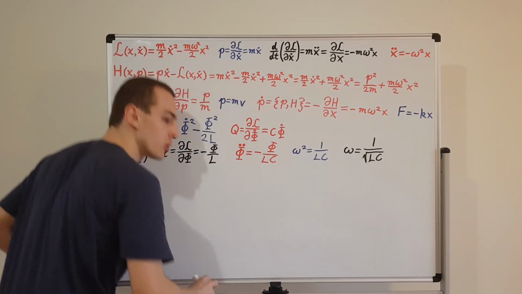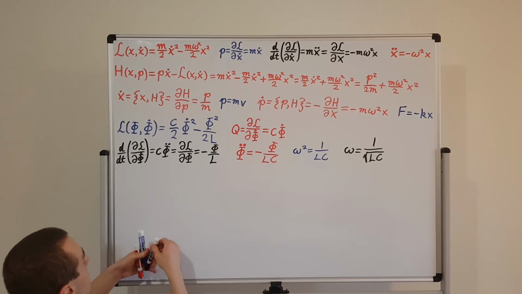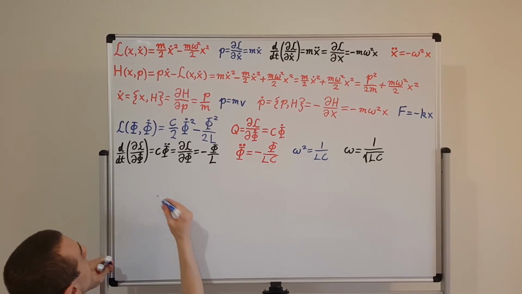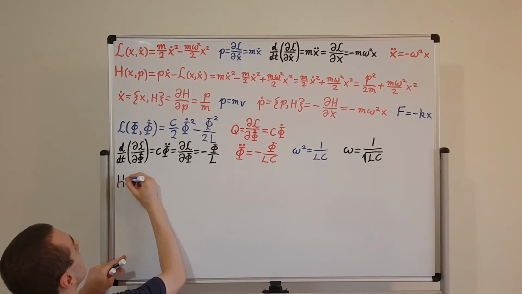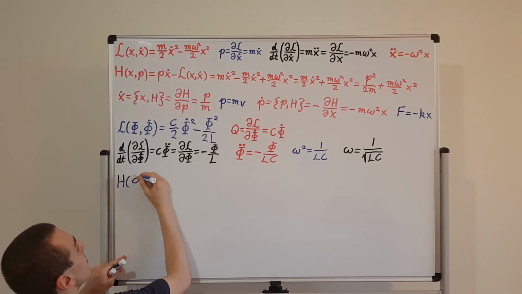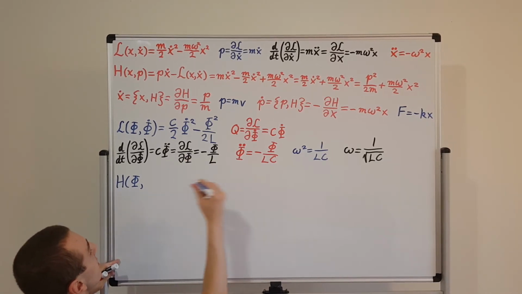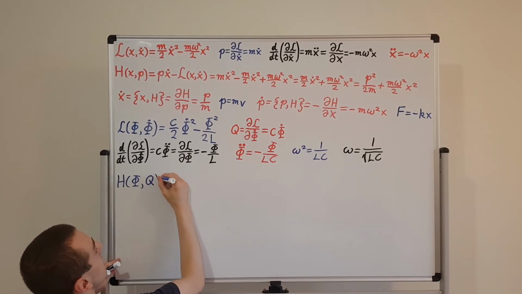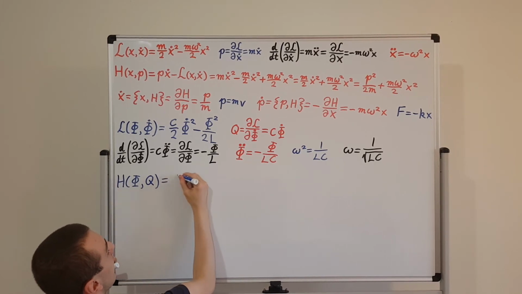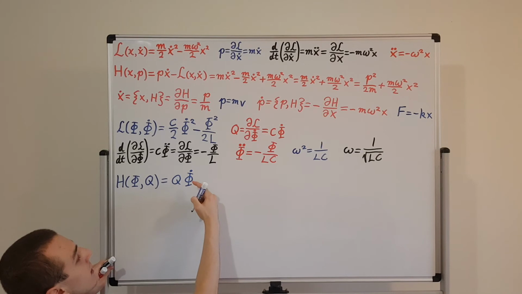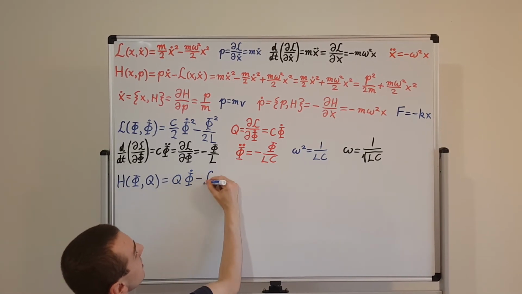Now let's take the Legendre transform, and the Legendre transform is going to give us the Hamiltonian. So I'll write that underneath here. The Hamiltonian is going to depend on the magnetic flux, and it's also going to depend on the canonically conjugate variable, which is charge. It's not momentum, it's charge. And that's going to be Q times the time derivative of the flux, phi dot, minus the Lagrangian.